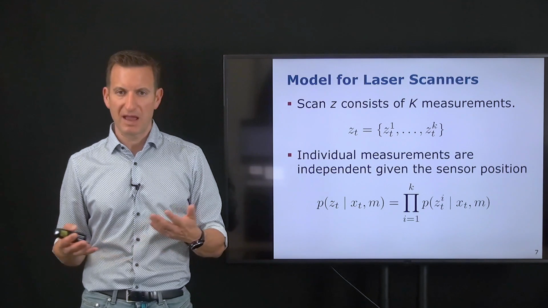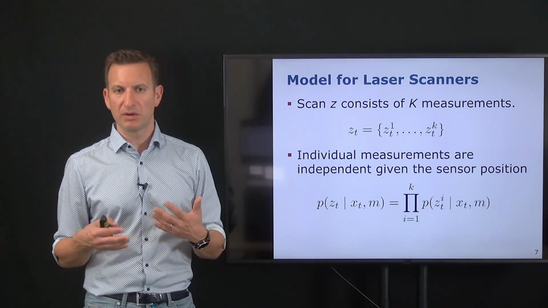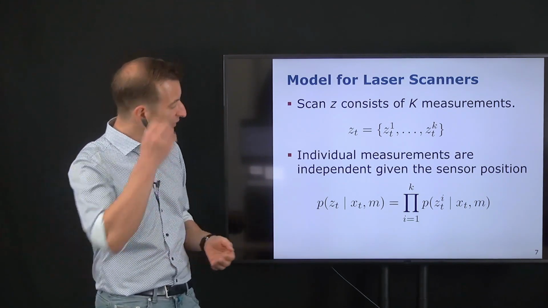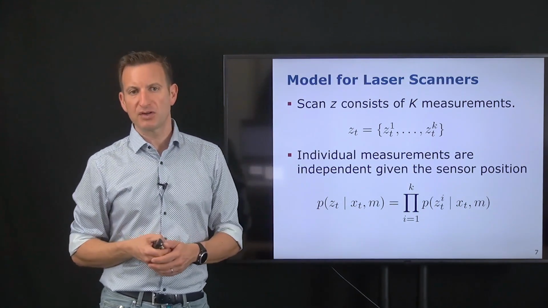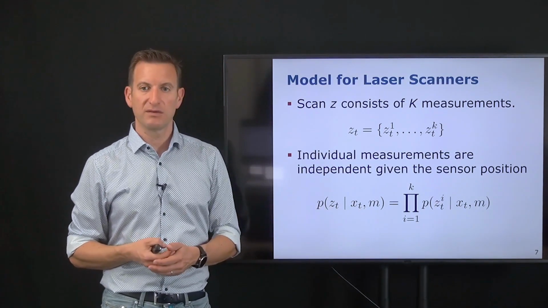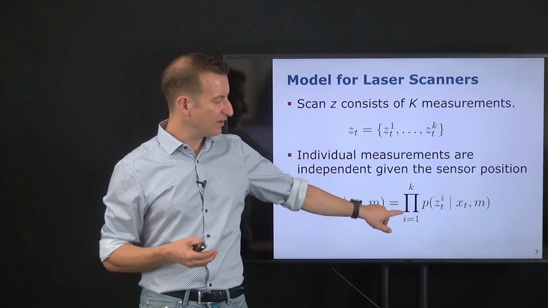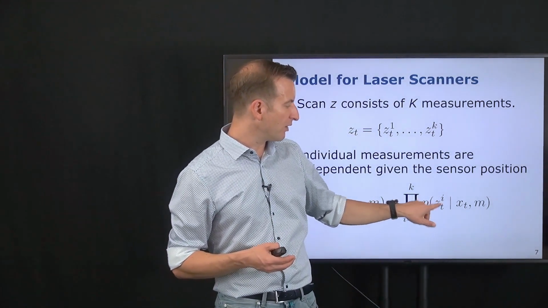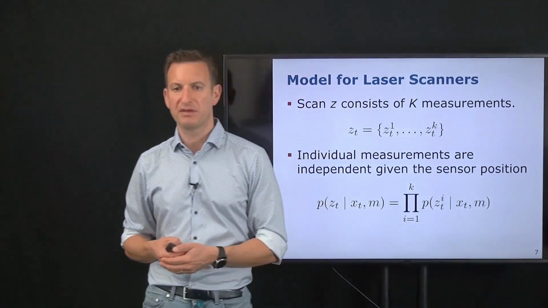For example, if you have a map of the environment, an occupancy grid map, or a map of features, how can we build an observation model that we can use for localization? That will be one of those examples over here. And what we say is, all those beams are conditionally independent given that we know the state. So that means, given that the scan consists of k measurements, I can split it into a product of k elements and say what's the likelihood of that single beam, the single range reading, given the state and given the map of the environment.